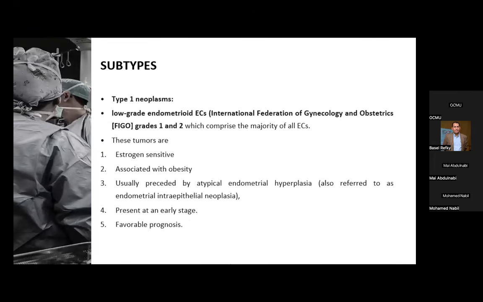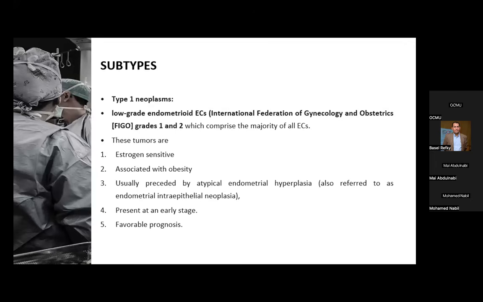So to go to the core of the topic, until now we know that there are two different subtypes of endometrial cancer: type 1 neoplasm and type 2 neoplasm. There is also the recent genetic molecular profiling of endometrial cancers, as was presented by Dr. Bassel last week.